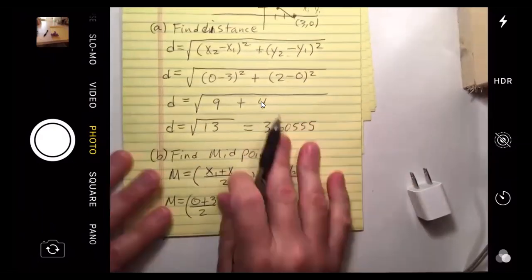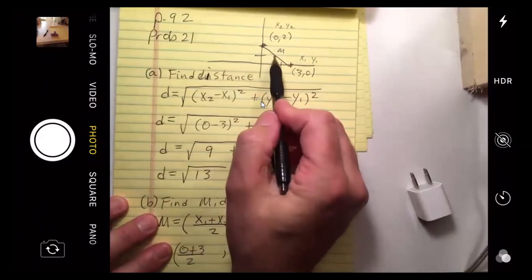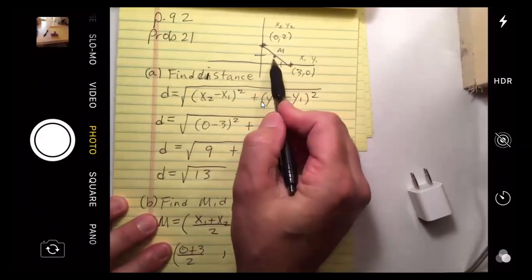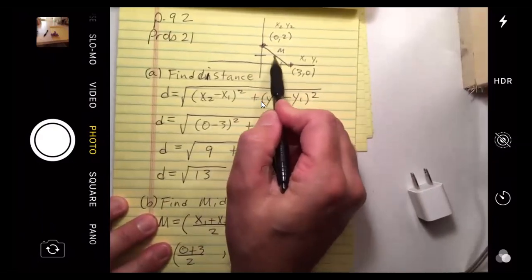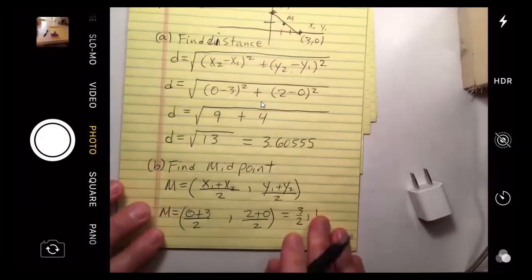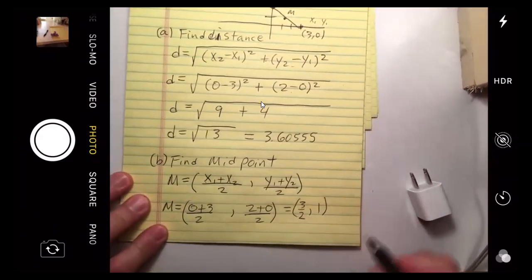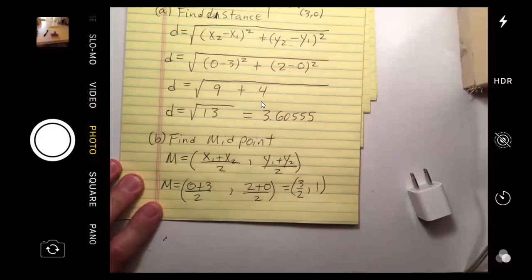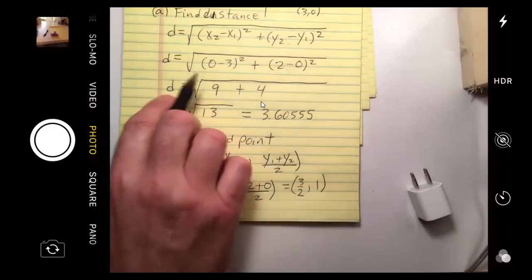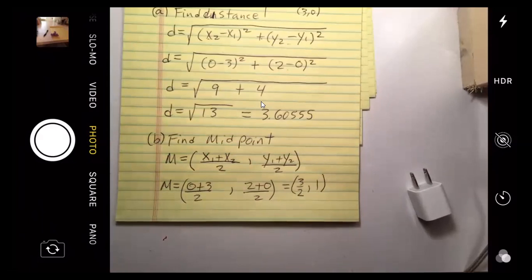All right, my graph is slightly off. I've got the 1 on the y showing, but I guess it should be over just a little bit to show 3 halves is 1 1/2. But I wind up with that set of coordinates for the midpoint. Those are the first 2 formulas of this section.